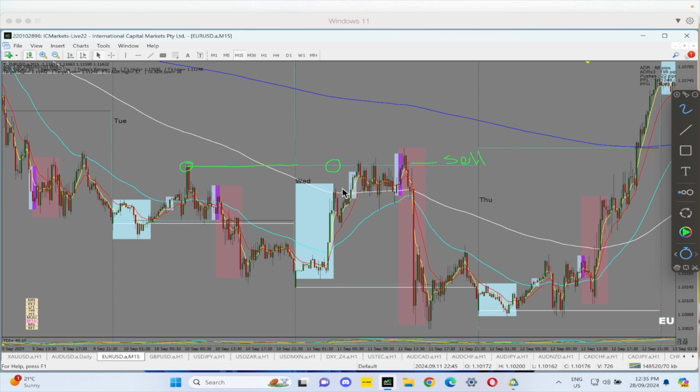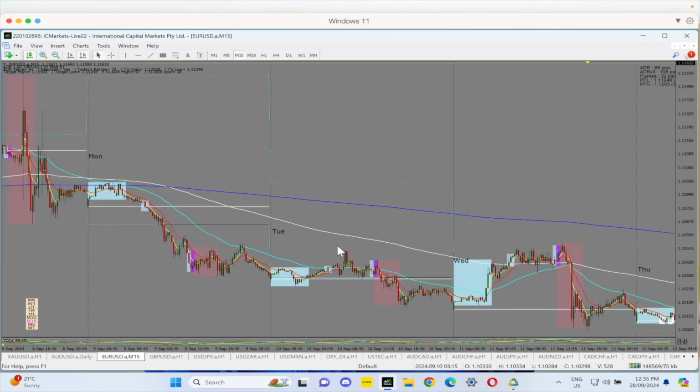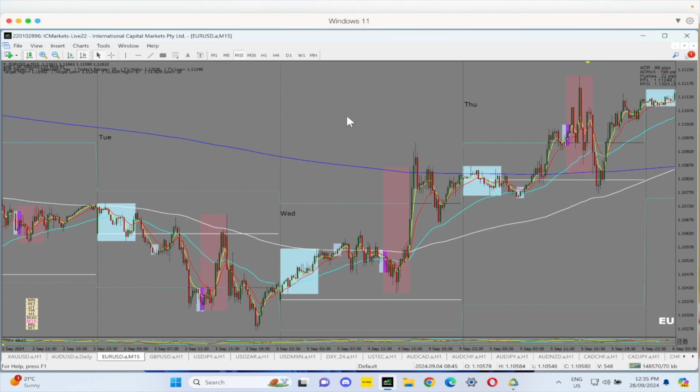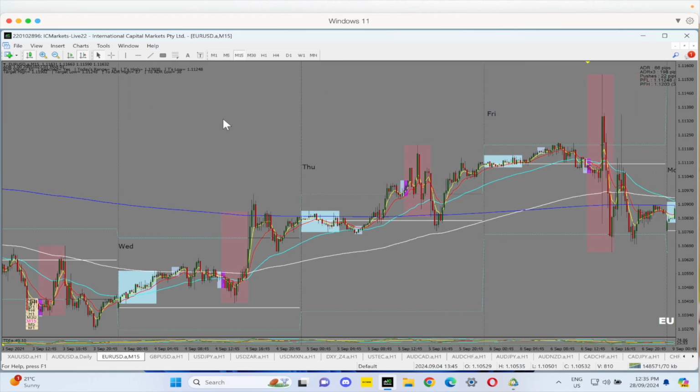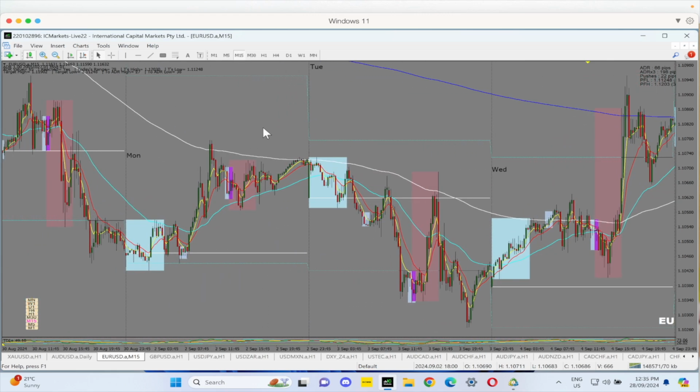Then it issues you an M right there at yesterday's high, and what happens after that? The market rallies away. So that is very, very important, guys, something that you need to take note of when it comes to these M's and W's. Okay, let's look for probably another example as well.